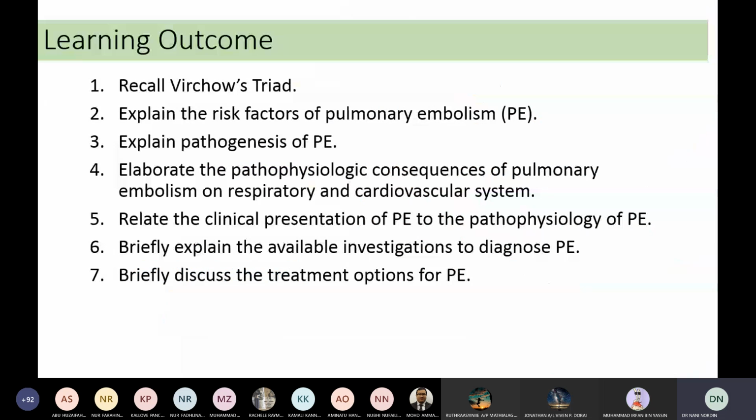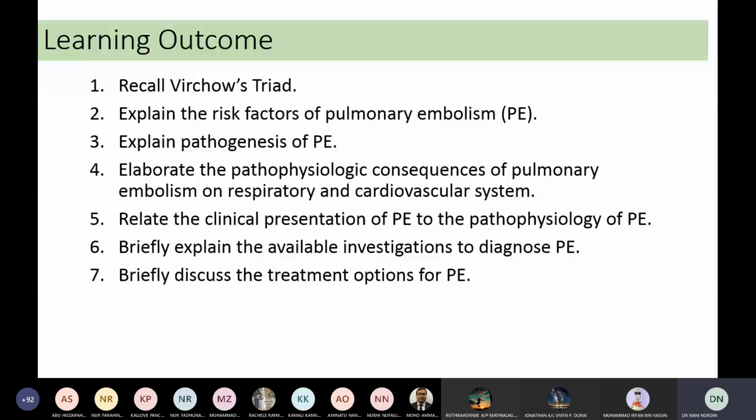Just very quickly on the learning outcome, recall the Virchow's triad. You have to know a bit on the risk factors of pulmonary embolism, the pathogenesis, and the pathophysiology of pulmonary embolism, and the clinical presentation related to the pathophysiology.